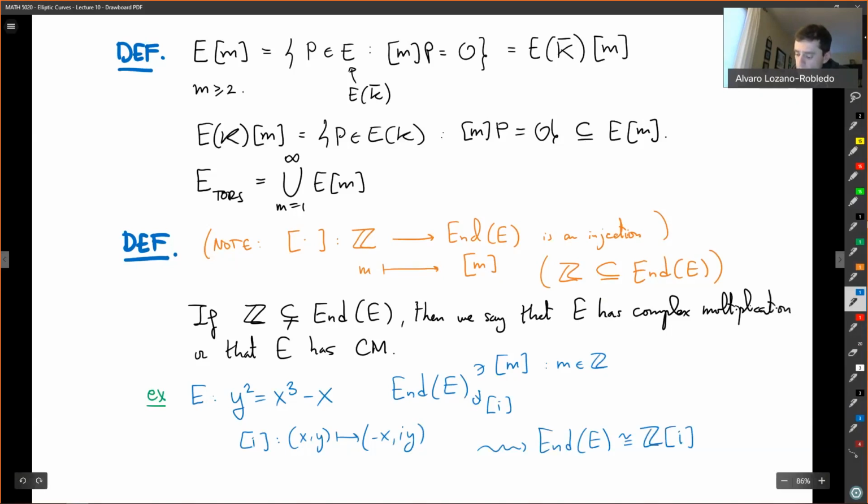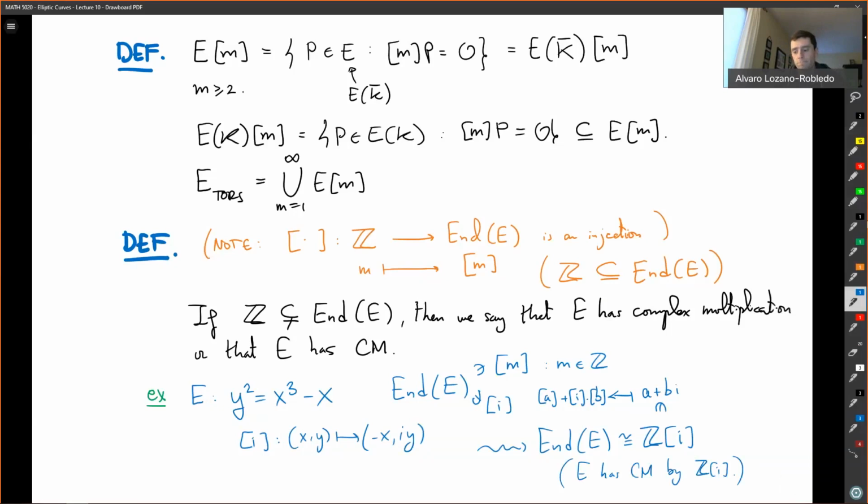So we have maps for every a plus bi, which is multiplication by a plus multiplication by i composed with multiplication by b. Those are all the endomorphisms of my elliptic curve, and we say that E has CM by Z adjoin i, because that is the shape of the endomorphism ring.